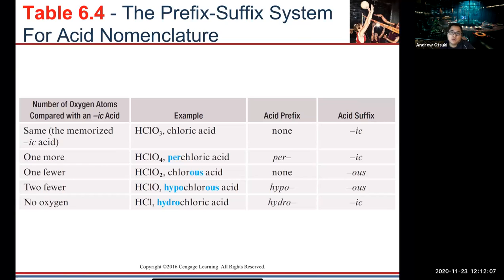Think of hydro like you only have hydrogen in there, so it's hydro, no oxygen. But when you get oxygen in there, now you have either hypo, ous, per, ic, or ic acids. So use this chart to compare and refer back to how we should name the acids. Okay, I know that's a lot to take in, but please stick with me.